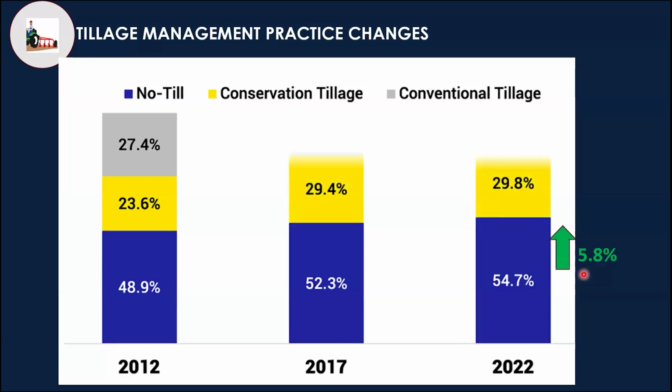We've increased from 23 to 29% in our conservation tillage and reduced our conventional from 27 down to 18 and 15%. You can see that we're moving from conventional tillage to more areas of less tillage, hopefully helping with that soil health aspect of reducing the tillage and reducing the number of times we're going through that soil.